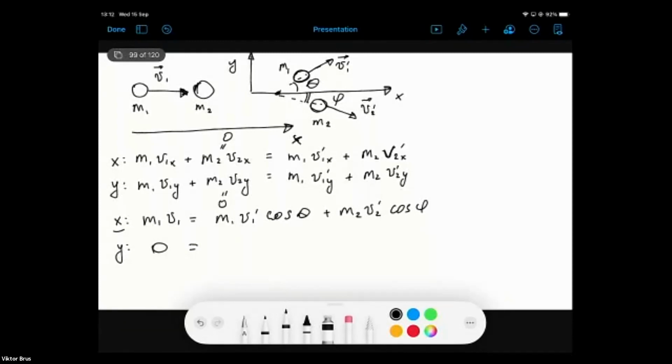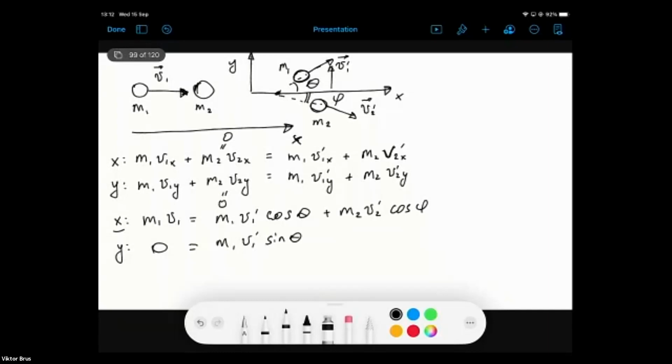And after collision, we will have again two contributions from both bodies. It will be m1 times v1 prime. Now we need the projection on axis y, so it's this part, and that we will get if we multiply it by sine theta.